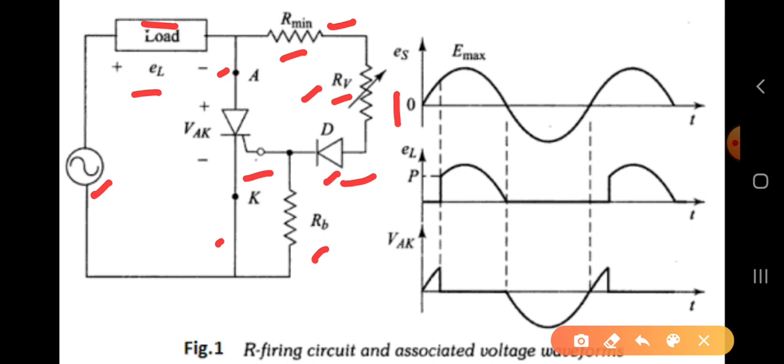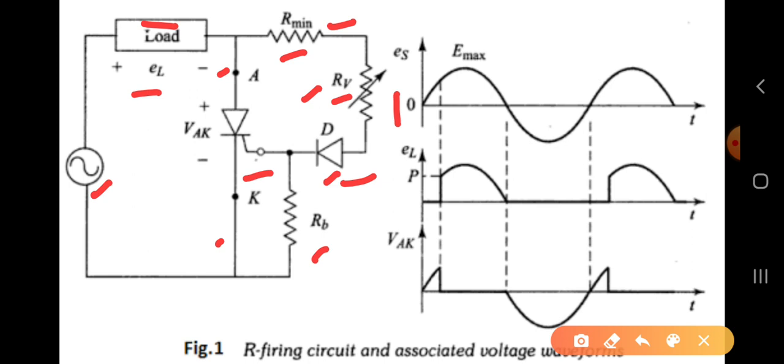So what happens in the waveform of the circuit: the triggering angle increases, and the current flowing from the RV is reduced. It reduces, meaning it will not immediately be given to the gate terminal of the SCR. So the SCR will take time to turn on, because RV is increasing, it is making a hurdle, it is trying to block the flow of the current from the source.